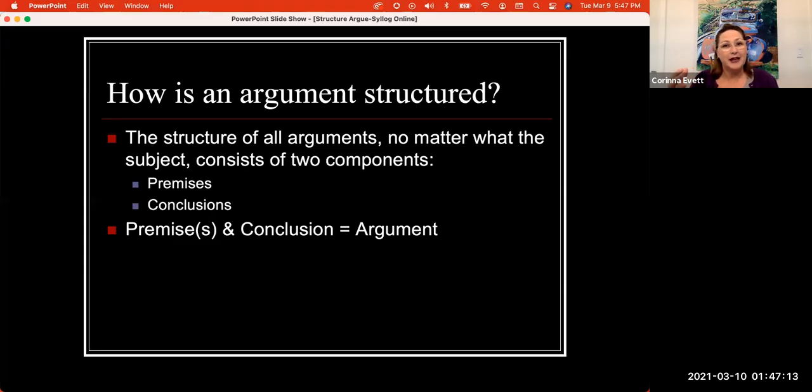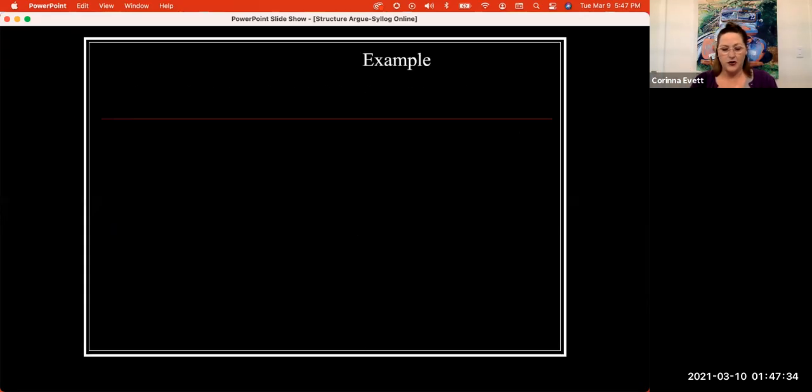Their major claim. I've been calling it major claim earlier. We can call it conclusion or thesis statement, depending on how you think about it in terms of argumentation. So with at least one premise and a conclusion, you've got an argument, right? And we've talked about that before.